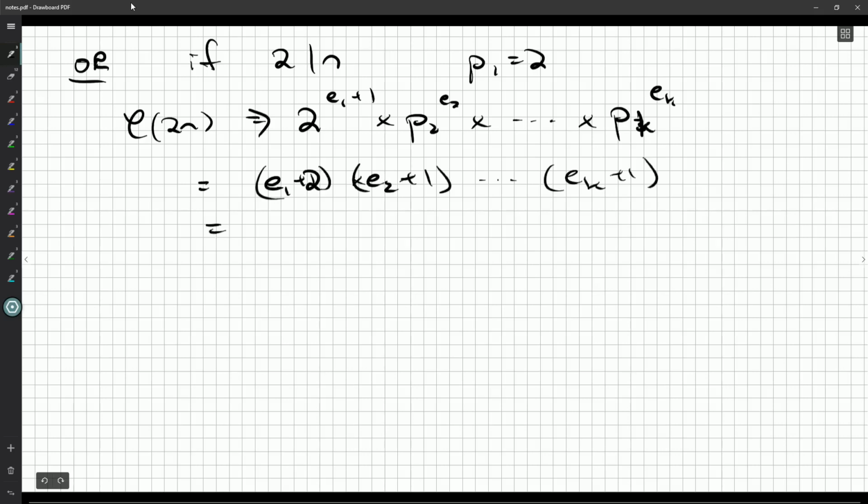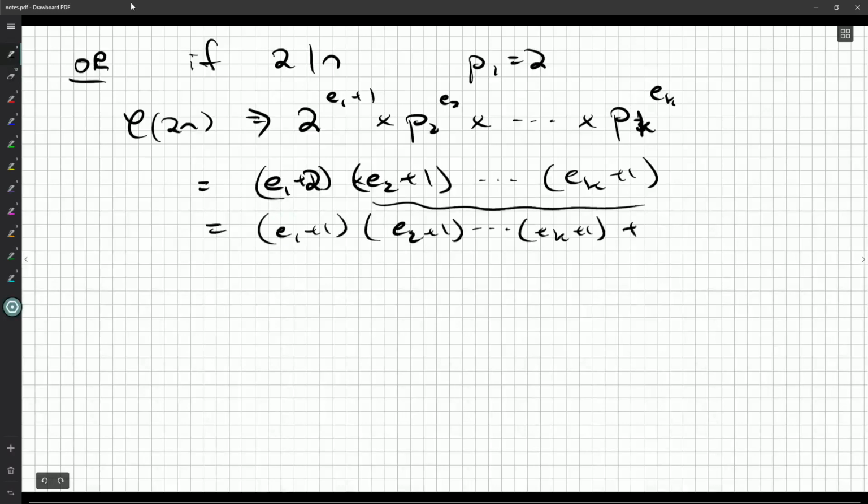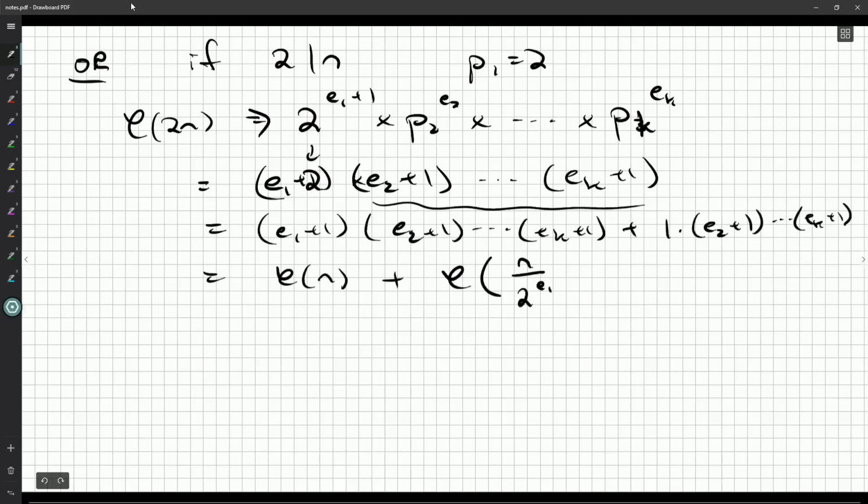And so where's this going? Well, we can separate this out as (e1 plus 1) times the rest of this, plus an additional 1 times the rest, so this is phi of n plus, I guess, phi of n over 2 to the e1, the odd portion of n. So these are possibilities. This is just me rambling about the factor function.